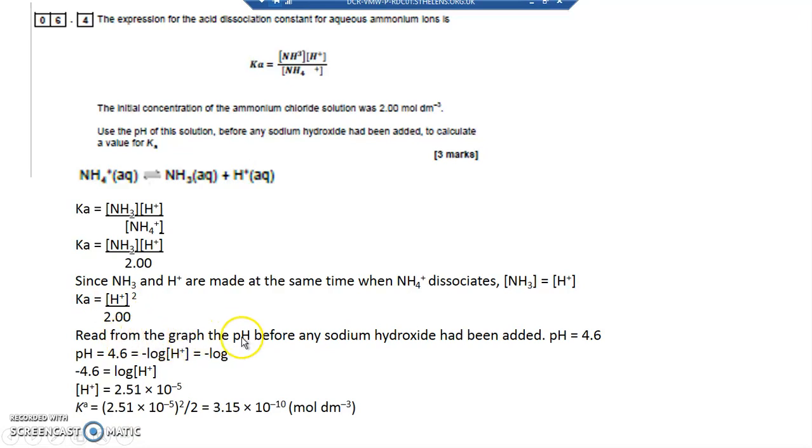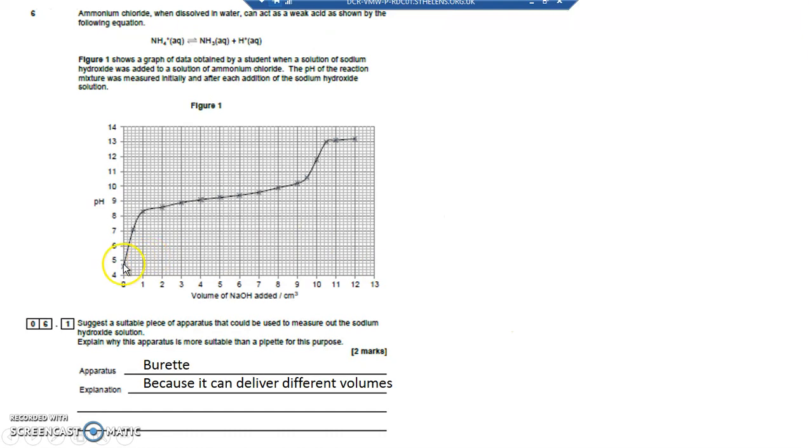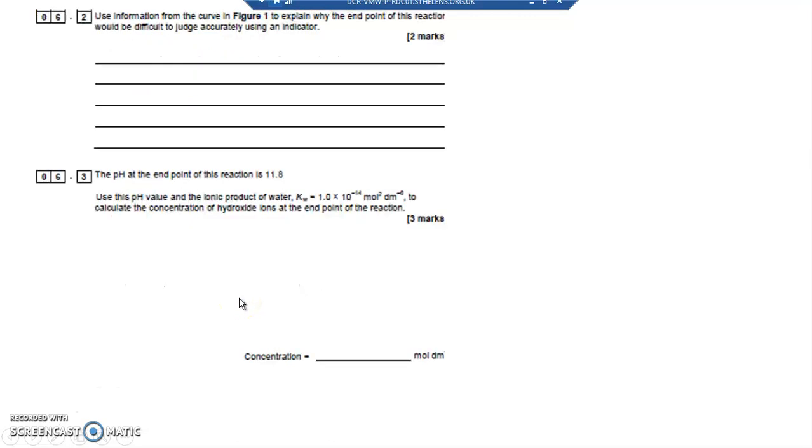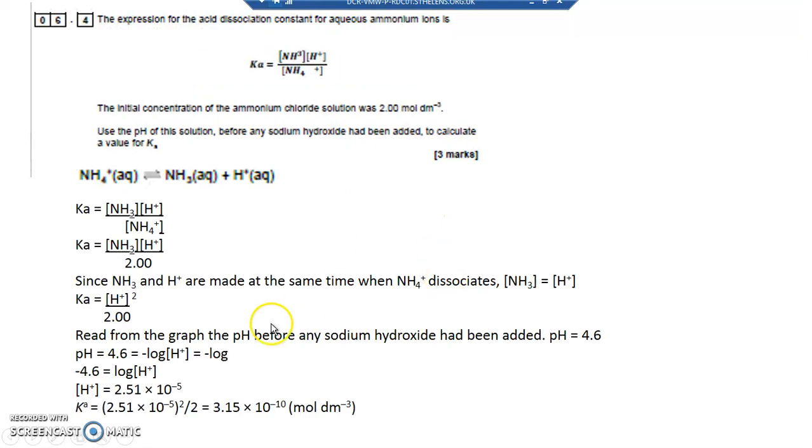So if I read from the graph before any sodium hydroxide has been added, here my pH is 4.6. So 4.6 is when no sodium hydroxide has been added at all. Now what's the only thing I can do with a pH of 4.6? 4.6 is minus log to the base 10 of hydrogen ion concentration, so I reverse the sign on both sides, so minus 4.6 is plus log H+ concentration.